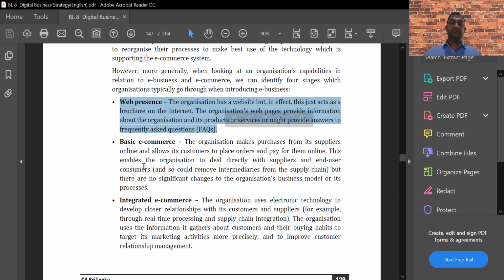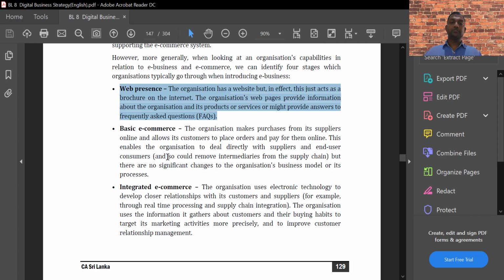Then the second stage is including a basic e-commerce capability which can be used by the suppliers and the customers to make payments online. So that is basic e-commerce.